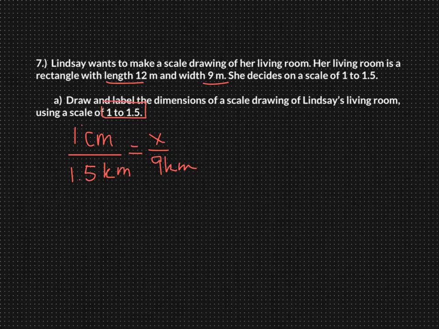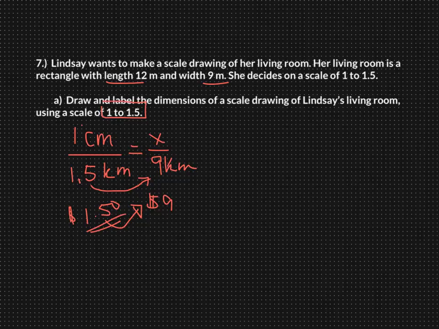So I have to say to myself, how many times does 1.5 go into 9? Or what times 1.5 equals 9? I like to think about this as if it's money, as $1.50, because a lot of times that's easier for people to manage in their heads. How many times does $1.50 go into $9?